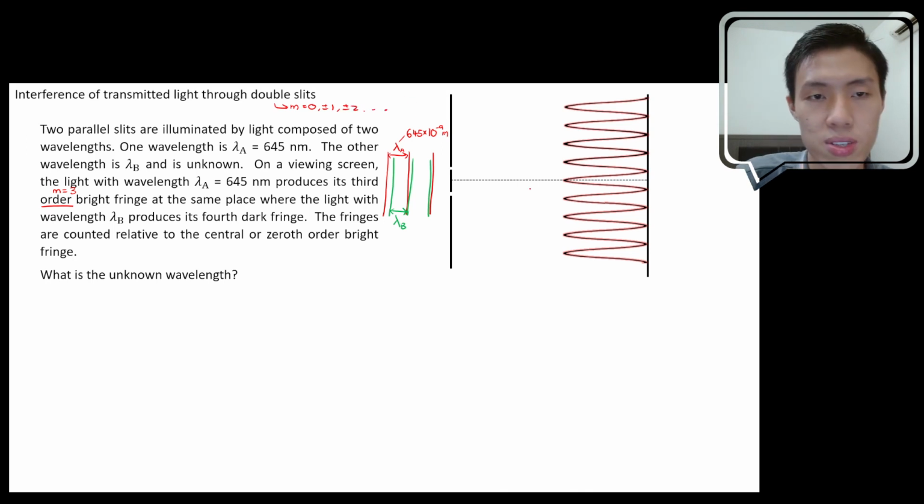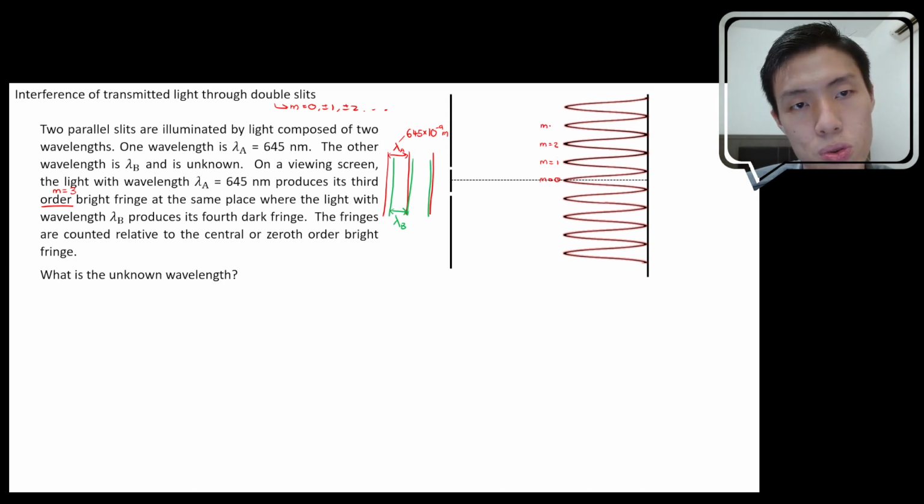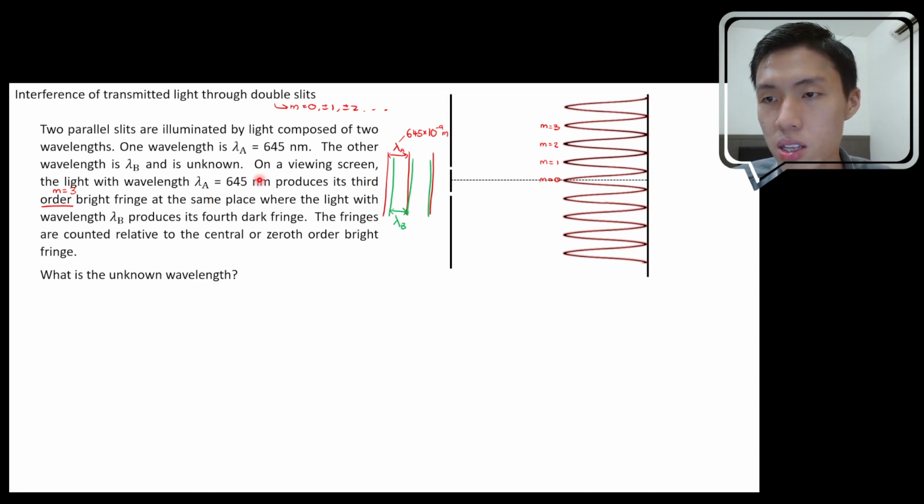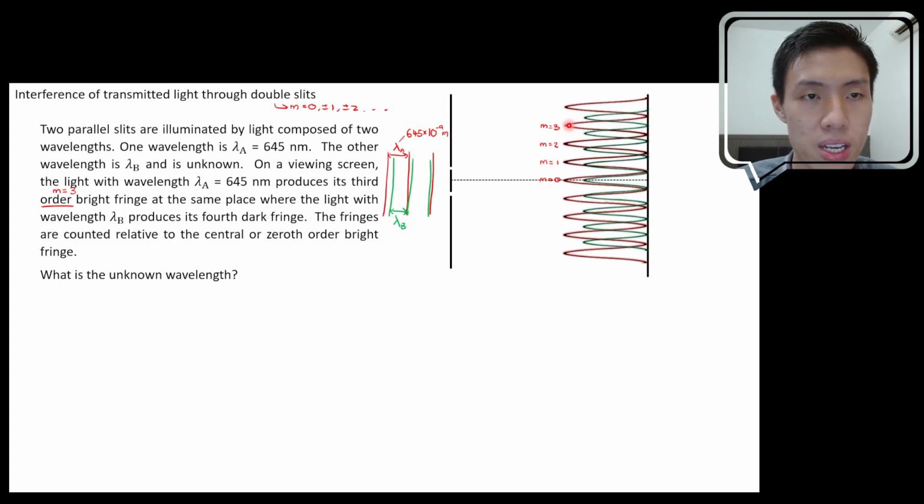Because it starts with 0, we label the central bright fringe as m equals 0. Further out, this is m equals 1, this is m equals 2, this is m equals 3. So the third order bright fringe will be somewhere around here. This is the place where the overlapping will occur, and it should overlap with the fourth dark fringe of lambda B.